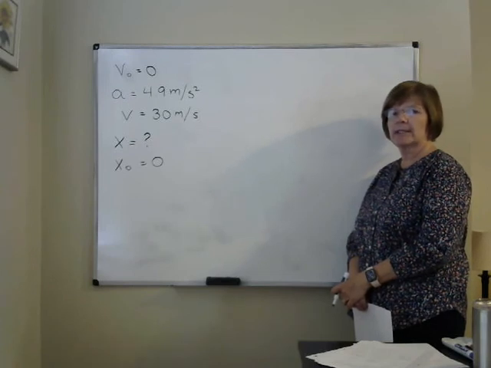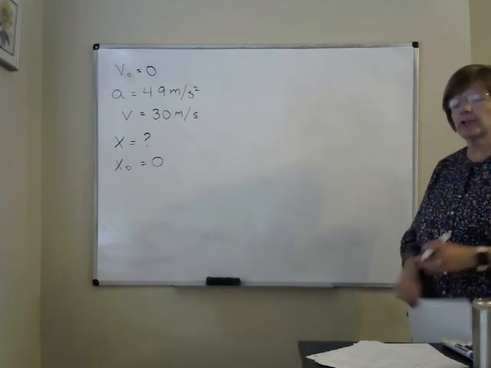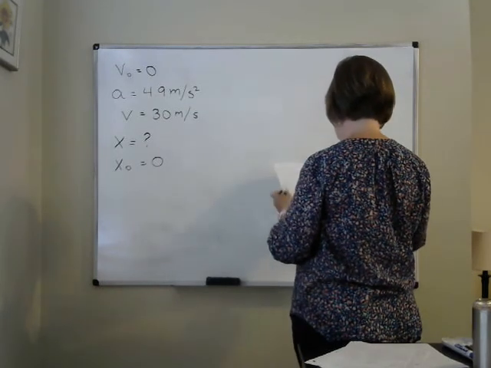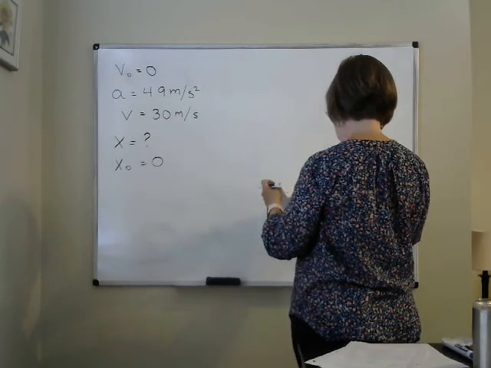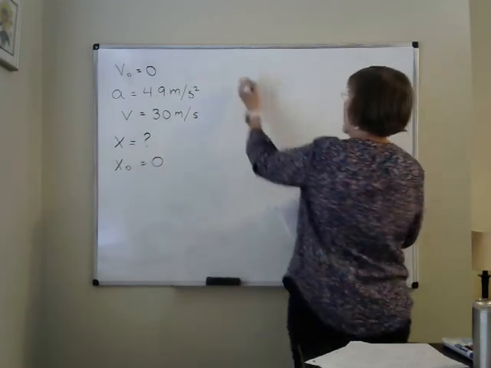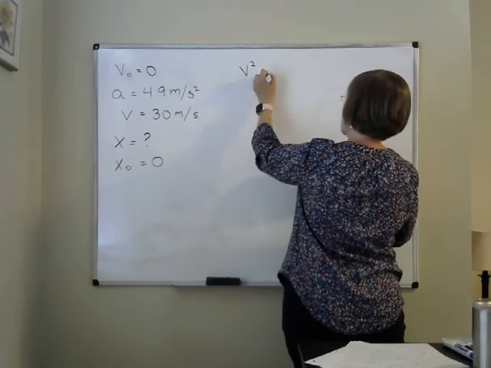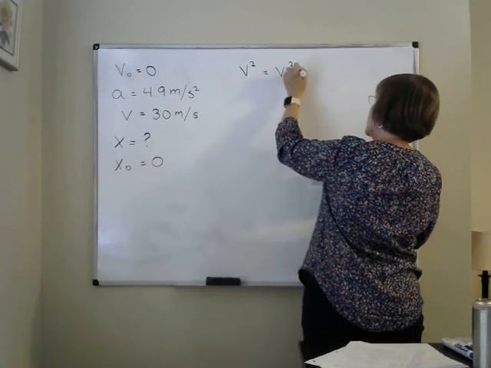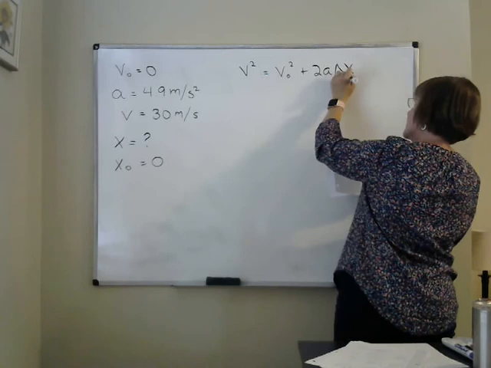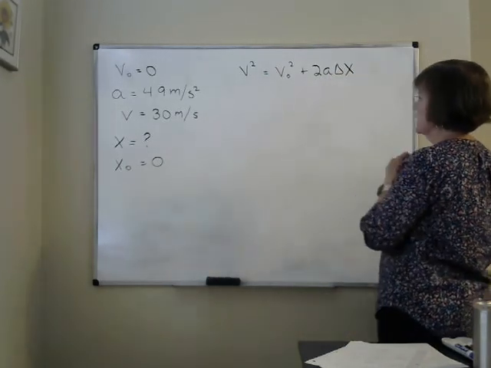I have two choices. I can solve for the time very easily using those other two equations, or I could use this formula. Let's use this formula, and then we'll do the two-step one. I have a formula that says v squared equals v0 squared plus 2a delta x.